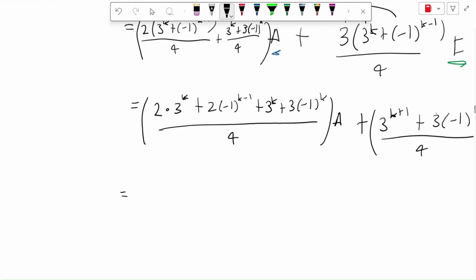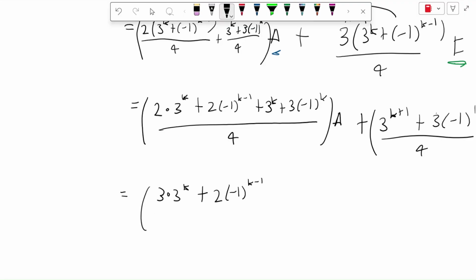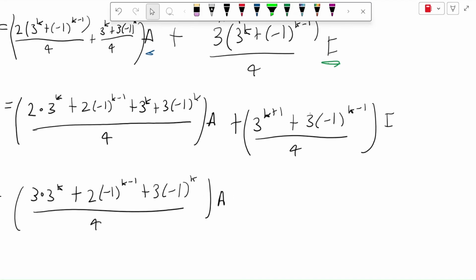So this will become 2 lots of 3^k plus 3^k, so that's 3 lots of 3^k. Then it's 2 into (-1)^k take 1. Let's just draw those out together and think about how they might go in together. All right, I'm actually just going to leave it like that for now. Then we'll deal with it in a second.